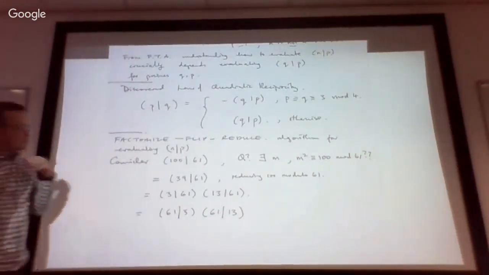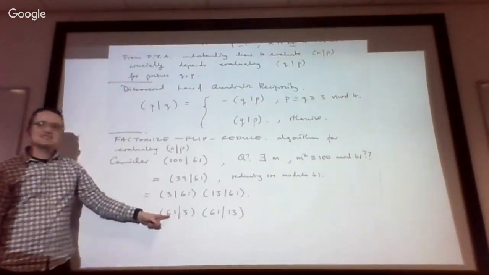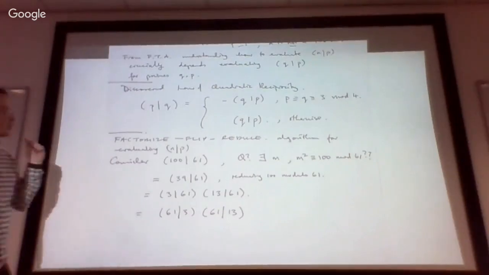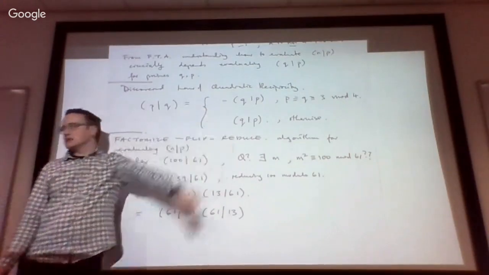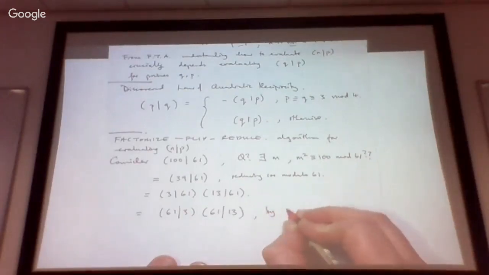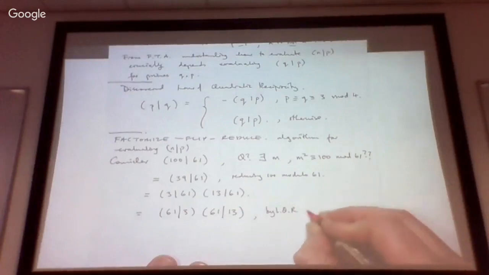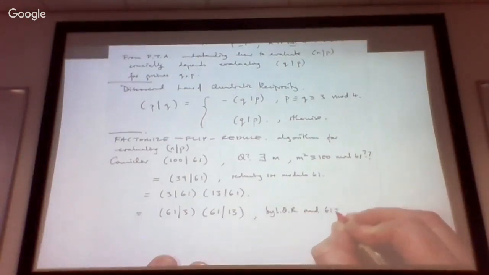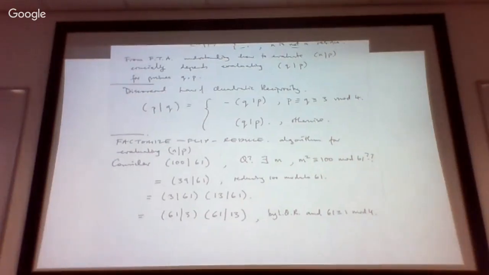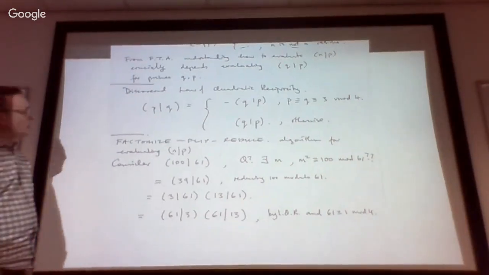But of course, 3 is congruent to 3 mod 4, but 61 isn't. 61 is congruent to 1 mod 4; 60 is a multiple of 4. So there's no extra minus sign needed. Both of them flip like this by the law of quadratic reciprocity and the fact that 61 is congruent to 1 mod 4. They're not both 3 mod 4, so we don't need any minus signs.